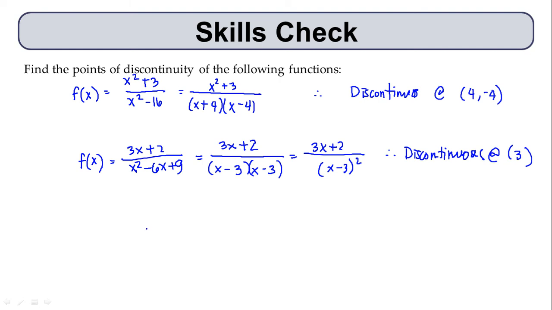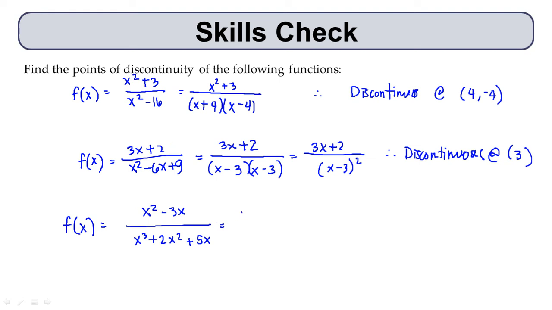So, last na to, ano? Let us try this. Function equal to x squared minus 3x divided by x cubed plus 2x squared plus 5x. Hanapin natin kung saan siya nagiging discontinuous. No?